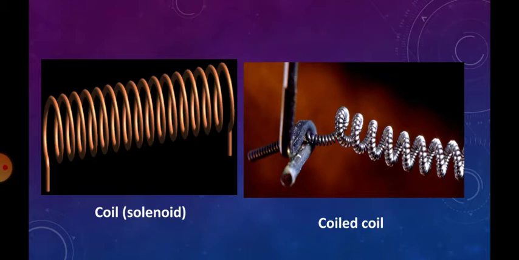Here the resistance is increased still more than in a simple solenoid coil. So this increases the resistance in a shorter space. That is why a wire is made in the form of a coil.